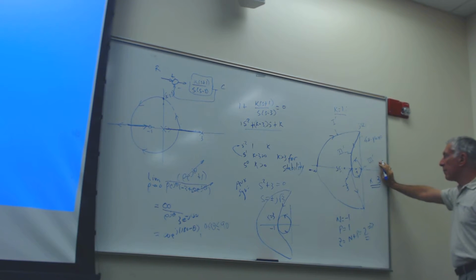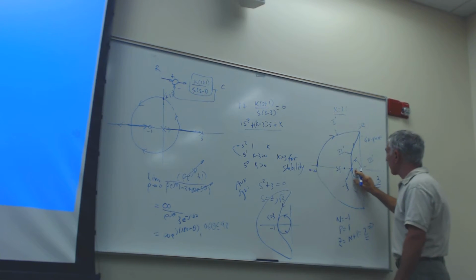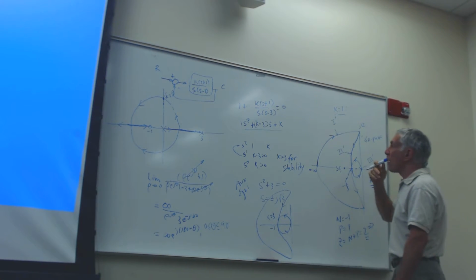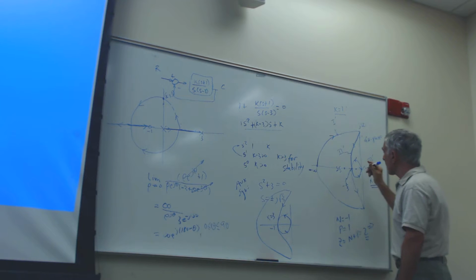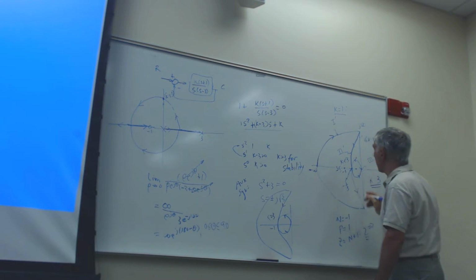When k is less than 3, -1 is on the outside of the counterclockwise loop. That's k less than 3.